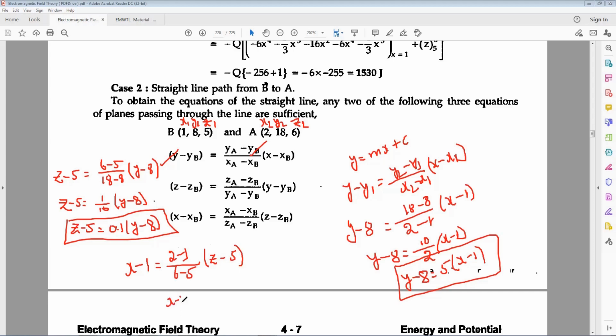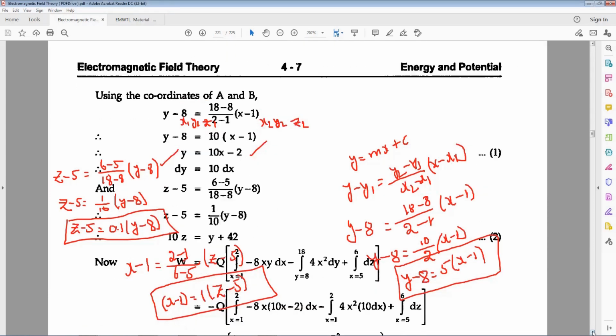Okay, it becomes x minus 1 into 1 is equal to 1 into z minus 5. These are the three equations we got here. Using this formula, you see here, the 2 minus 1 is 1 only, my dear students, sorry.